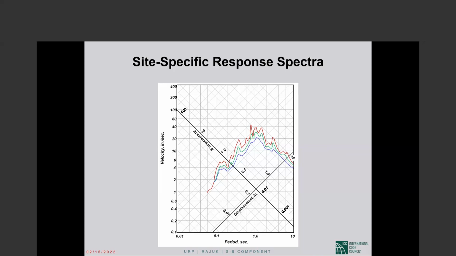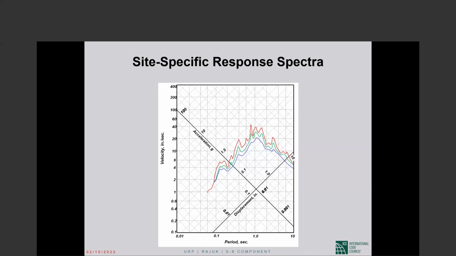A structure will never ever see the same earthquake twice. That being the case, it does not make any sense to design a structure for a particular response spectrum of a recorded earthquake.